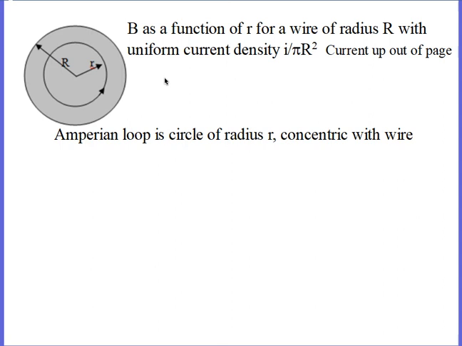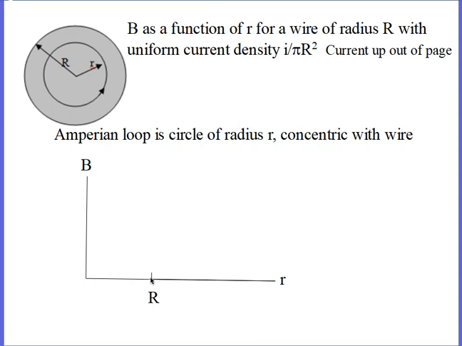Hopefully you recall the expression for B outside the loop. If not, you could derive it, but this time you would have the advantage that all of I would be enclosed, not some fraction of I. And then what I would finally like you to do is to make a graph, as you will be asked to do many times, of the magnetic field as a function of r.